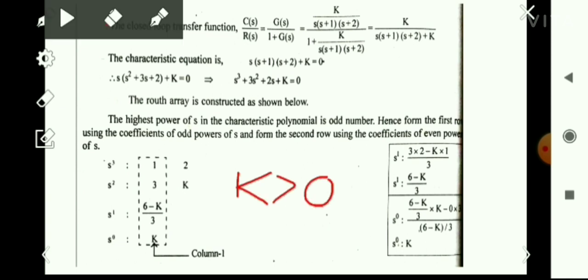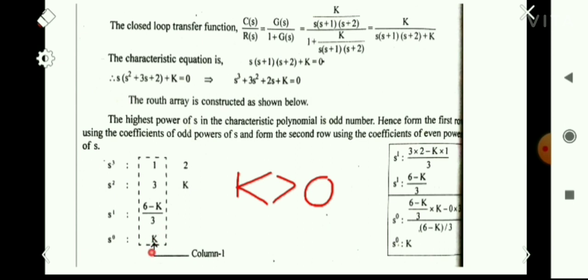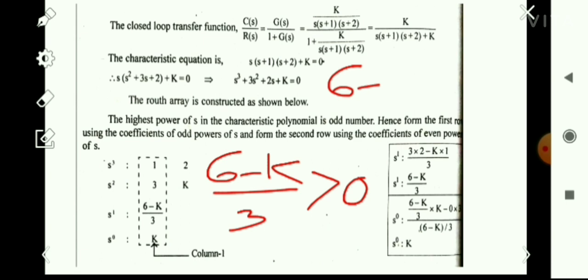And for the s raised to 1 row, for a system to be stable, the value (6 minus k)/3 should be greater than 0, which means 6 minus k should be greater than 0, which means the value of k should be less than 6.